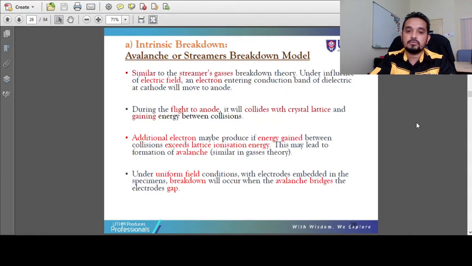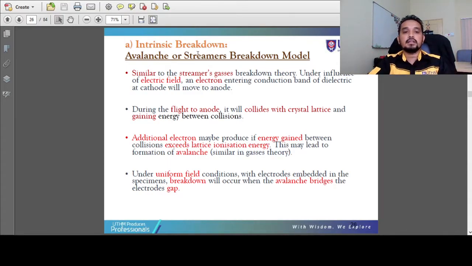It will collide with other electrons, with other molecules, and this kinetic energy will be imparted to the other electron in the valence band, and the other electron will also manage to escape away, and we will start to have a multiple effect.